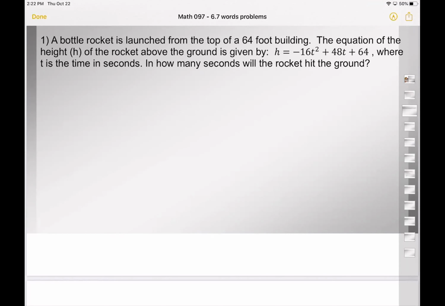The equation of the height of the rocket above the ground is given by h equals negative 16t squared plus 48t plus 64, where t is the time in seconds. In how many seconds will the rocket hit the ground? So the idea is someone stands on top of a building and launches this rocket, and it shoots up in the air. Now they ask you, how long until the rocket hits the ground?